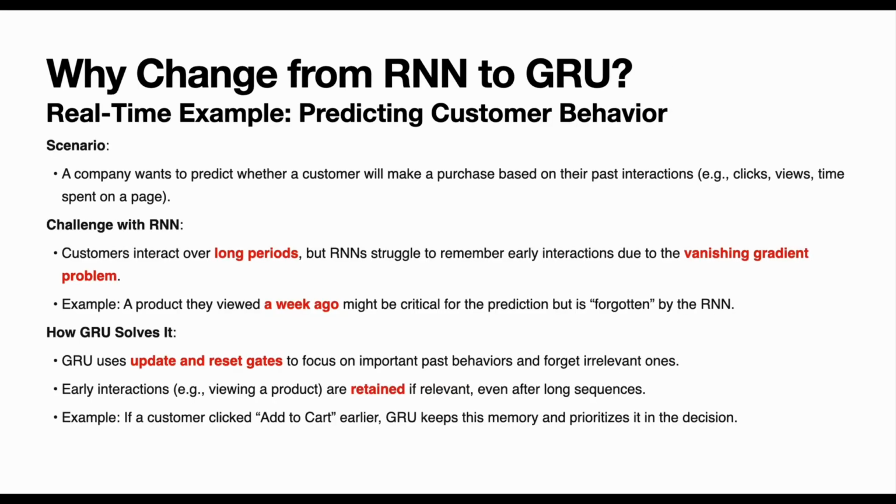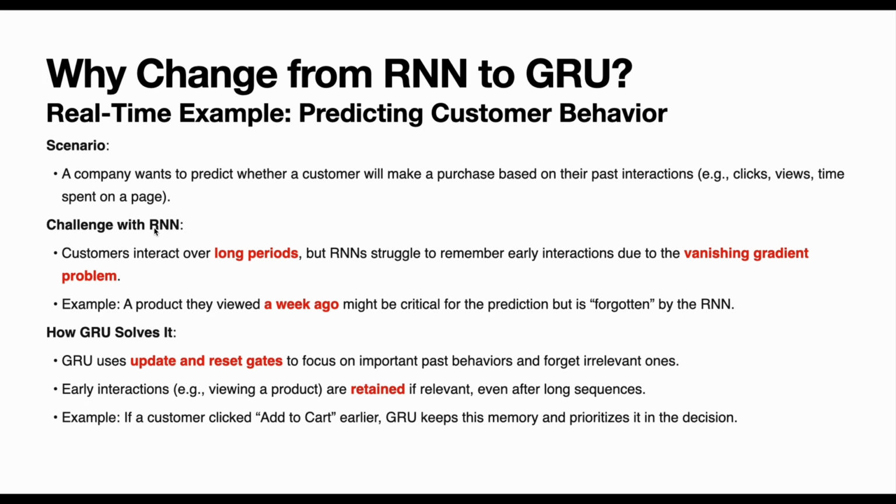This slide explains why gated recurrent units, GRUs, are often preferred over recurrent neural networks, RNNs, using the example of predicting customer behavior. In scenarios where a company needs to predict if a customer will make a purchase based on past interactions, RNNs struggle with long-term memory due to the vanishing gradient problem.